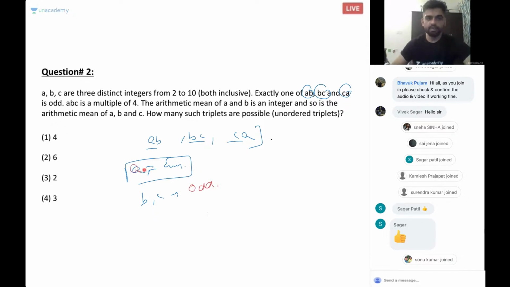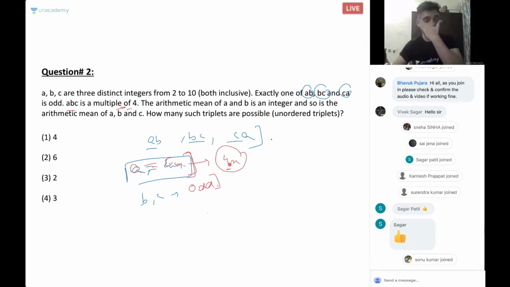So I assume that A is even. It is given that ABC is a multiple of 4 and there's only one even number, the other two are odd. So the multiple of 4 is being brought by this A, which is the only even number. Therefore A is of the form 4x, that is, A is a multiple of 4.